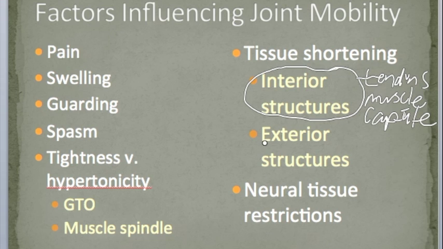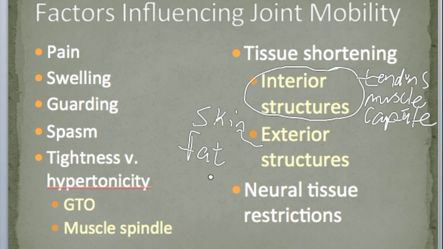When we're talking about exterior structures, then we're looking at restrictions in the skin. So if somebody has a scar or a burn, or an area where it's painful for the skin to move, you can have excess body fat or adipose tissue that's in the way.